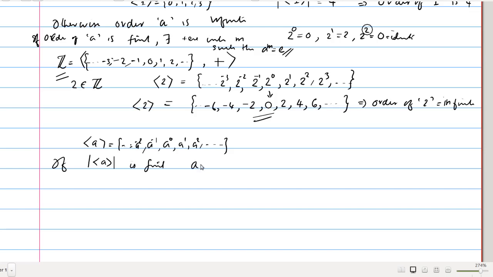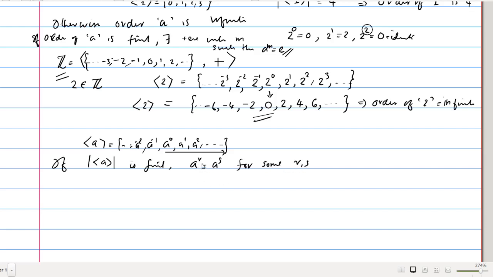There would exist two integers r and s such that A raised to r is equal to A raised to s. If all these elements were distinct, then this subgroup would have infinitely many terms. But our assumption is this is finite, so there exist r and s such that A raised to r is equal to A raised to s.